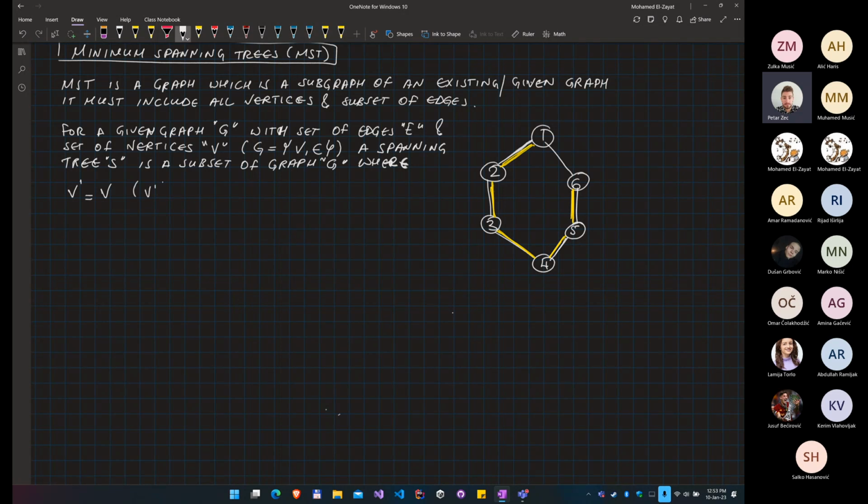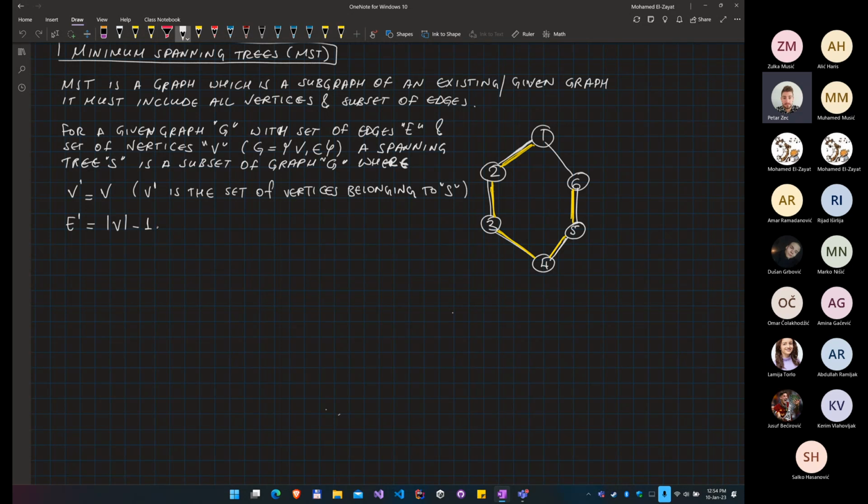Let me write it here as a reminder. V dash is the set of vertices belonging to S, the tree S, and E is equal to V minus 1. This is by definition.